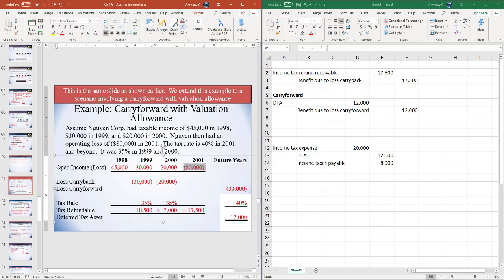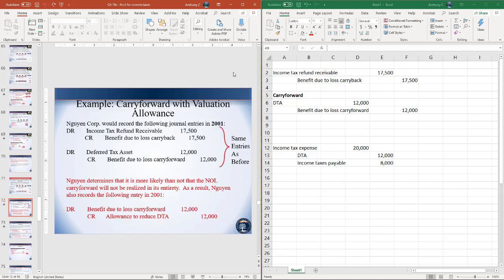In 2001, they had an $80,000 loss. They carried back first. So they offset this $30,000 and $20,000 of income first, which leaves another $30,000 of the net operating loss to carry forward. All right, so the slide's exactly the same as the one earlier.